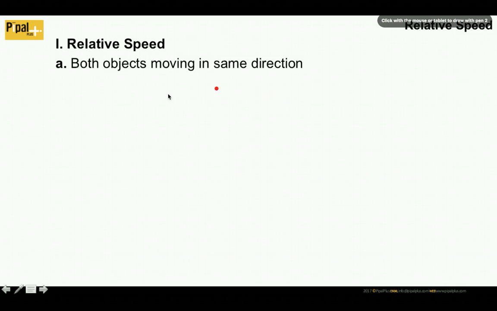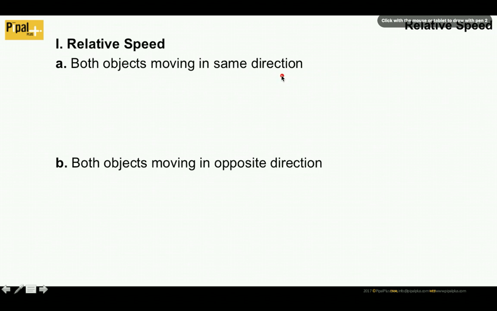Now, in relative speed, you can have either both the objects moving in the same direction, or both the objects moving in the opposite direction. Now, when both the objects are moving in the same direction, you could have the faster moving body following the slower moving body, right?